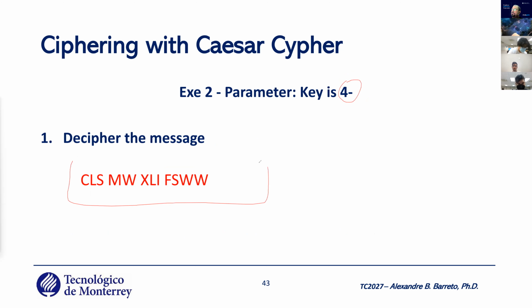Now you need to decipher this message here. You already have the cipher alphabet. I believe in 2-3 minutes you can finalize it. You need to decipher this message here, okay, guys? Start now.